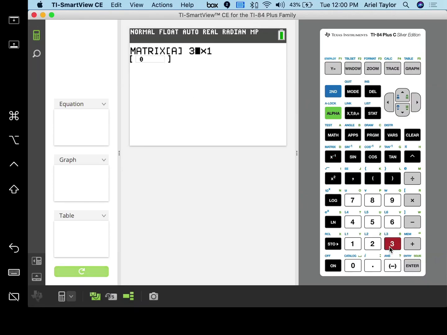The first matrix, matrix A, is going to be a 3 by 3. And we had 0, 0, 1. And then 0, 5, 1. And 3, 3, 1.